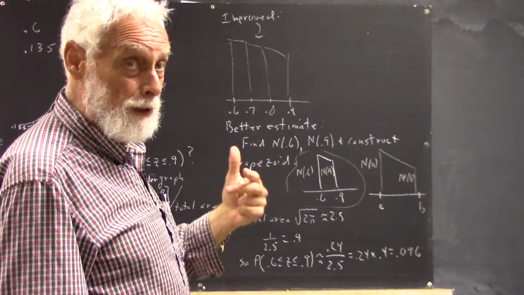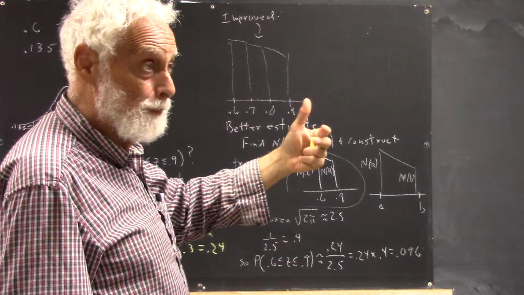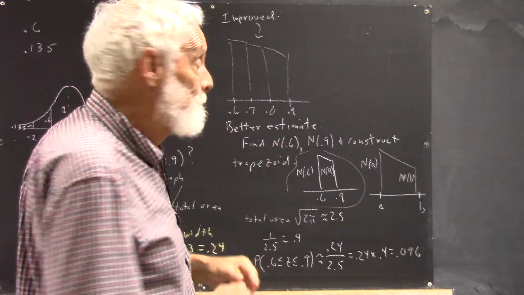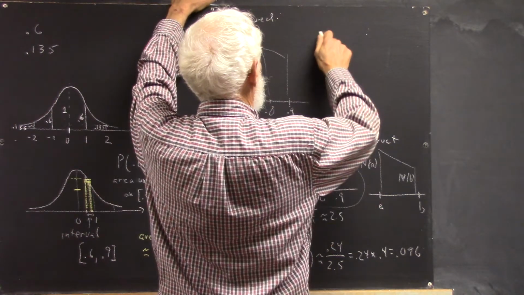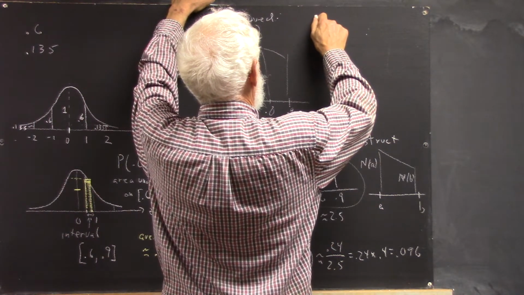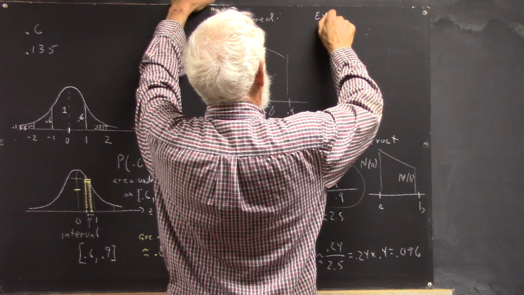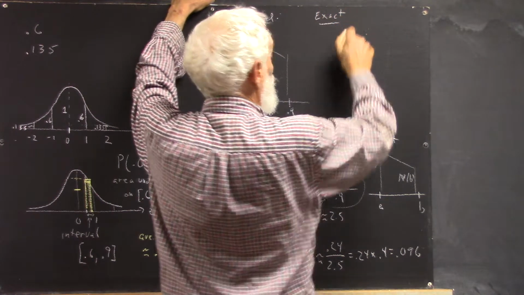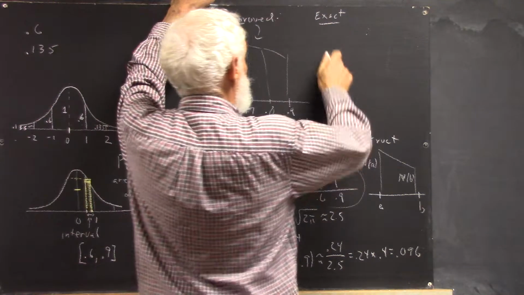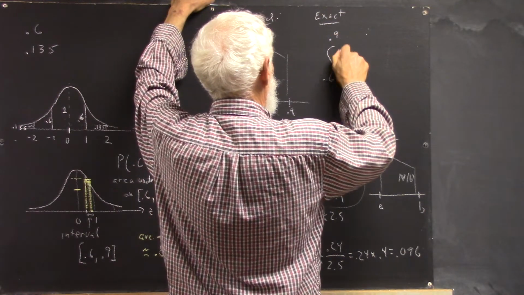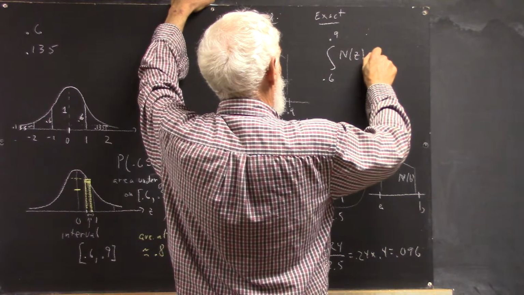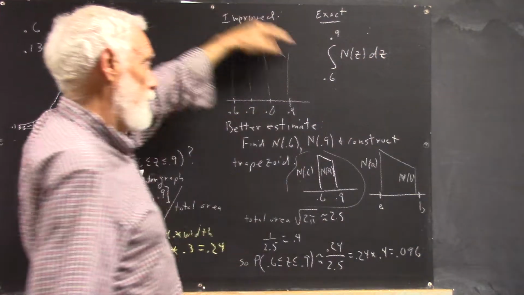Not hard to understand, to remember, e to the negative z squared over 2. Or to get the exact, that's how you write it.